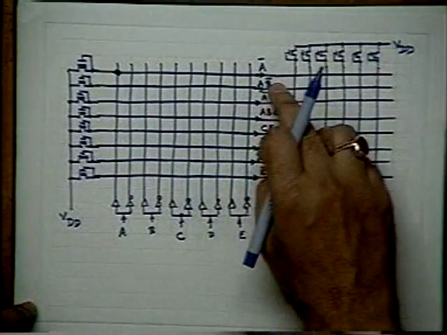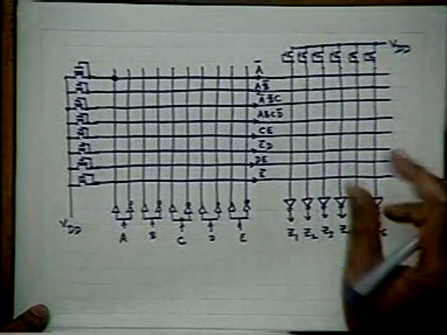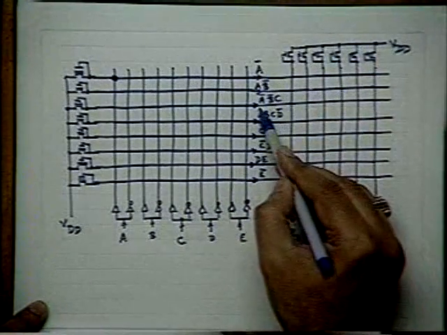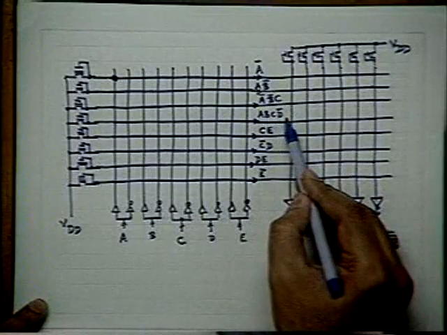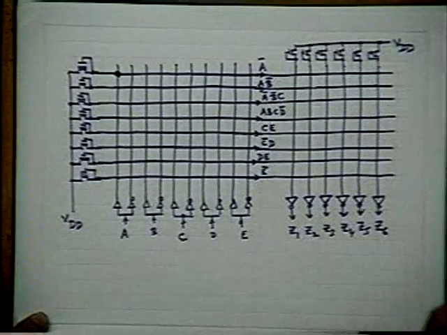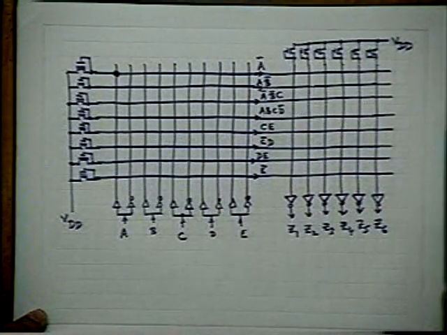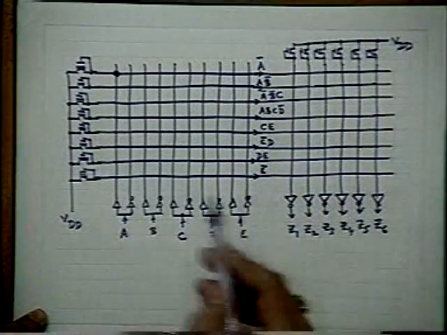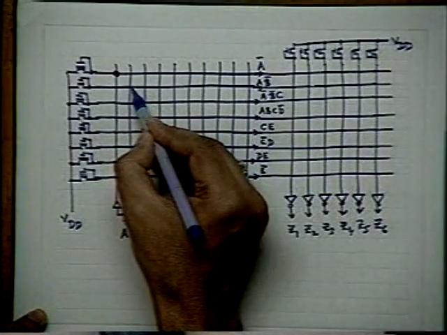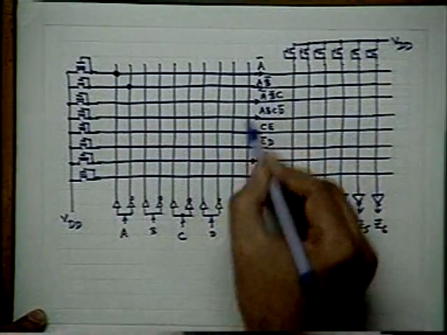This may not be properly visible, but you know the terms: A, A bar, A B bar, A bar B bar C, A B C D bar, C E, C bar D, D E and E bar, whichever way I have drawn. Then A B bar, how to produce? You have to have A bar at the input, and B at the input.